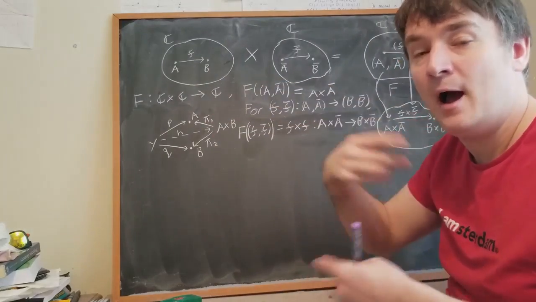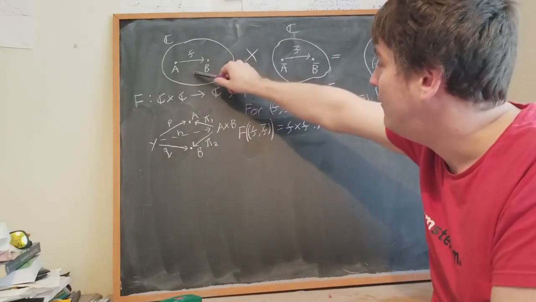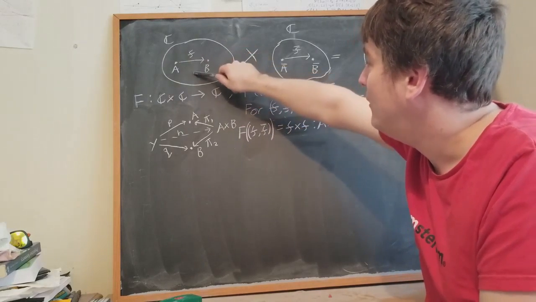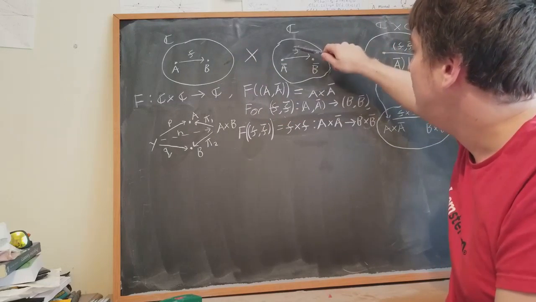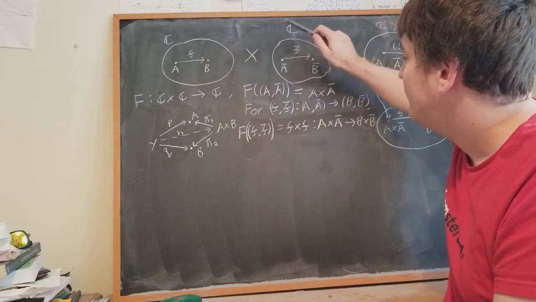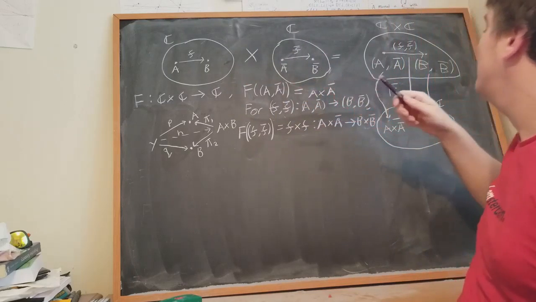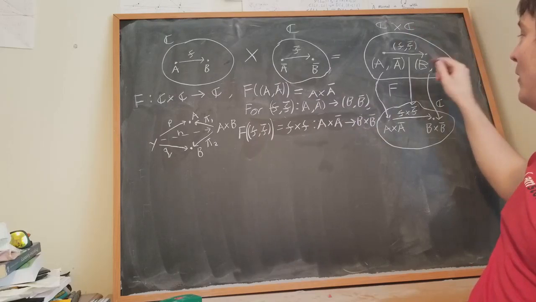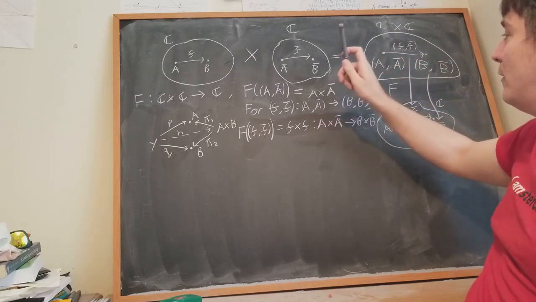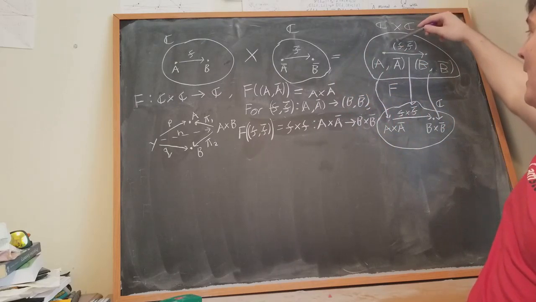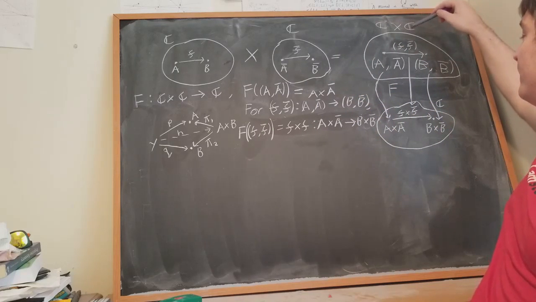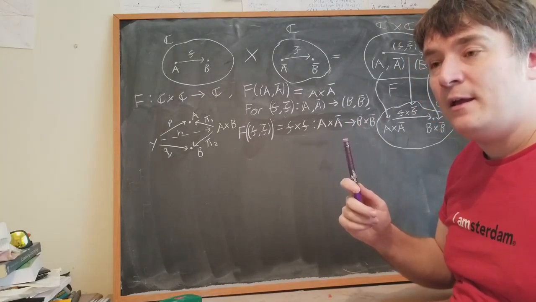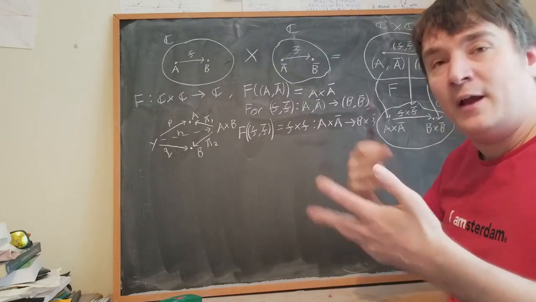I haven't drawn the identity arrows, and we have some objects and arrows in C, and then another copy of C. We take the product of these two categories and we get this category here, which is C times C. It has objects which are pairs of objects from C, and it has arrows which are pairs of arrows from C. And we're going to define this functor, which is basically the categorical product.